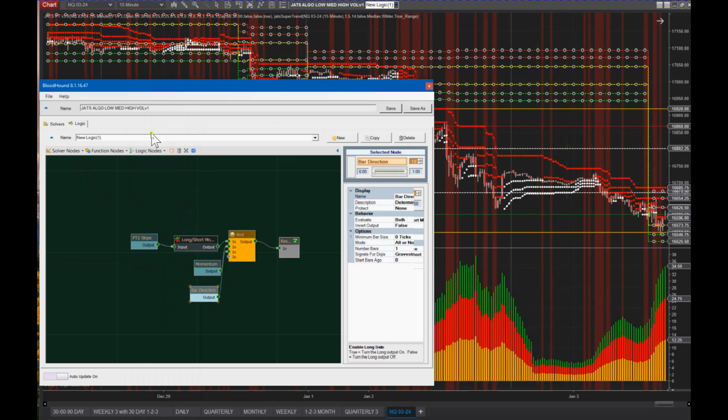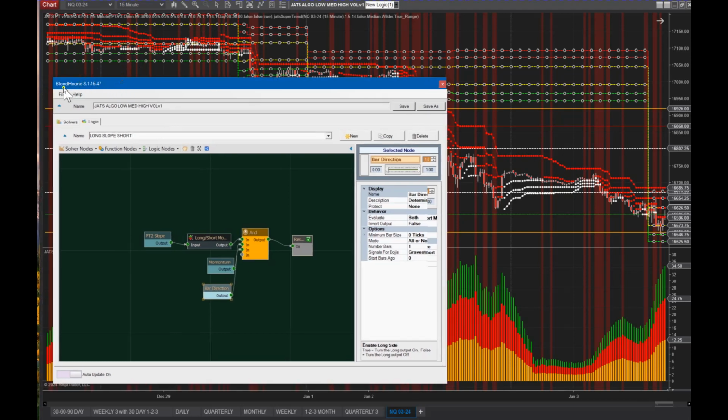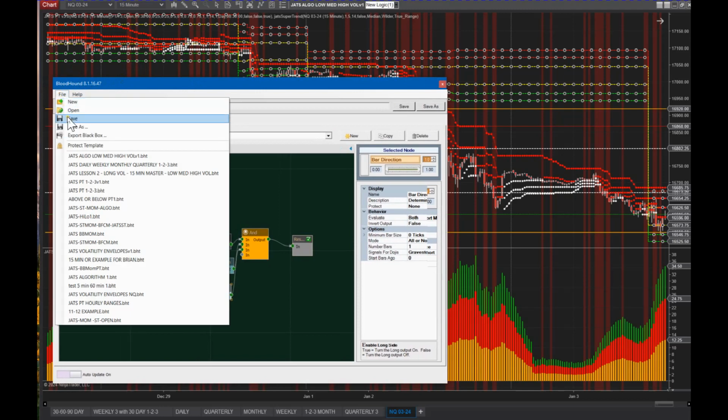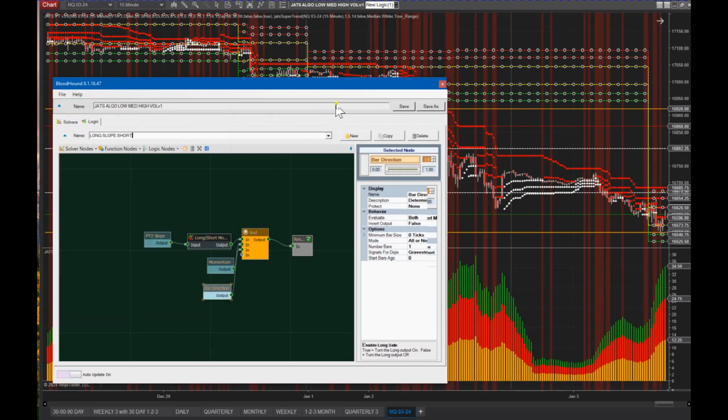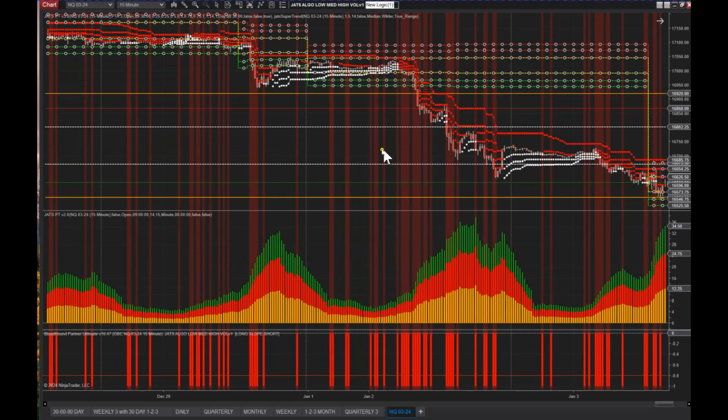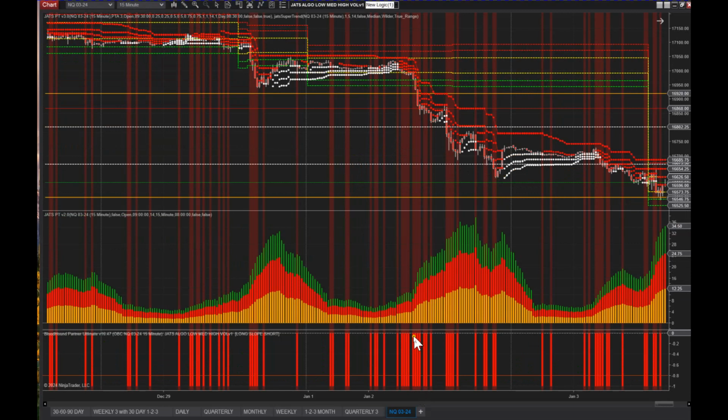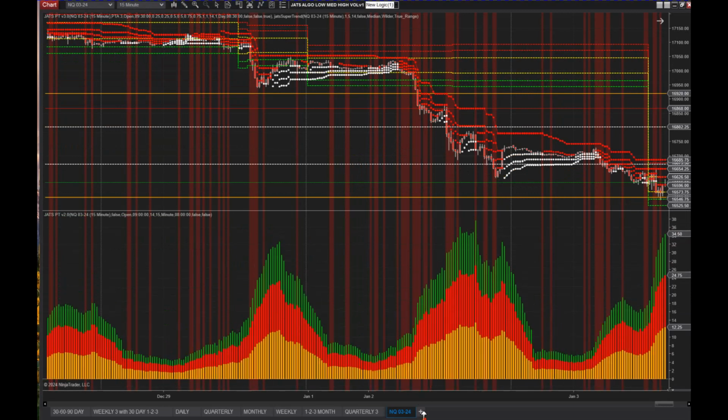So right there is long slope short. That fast, that easy. You've got a plan if you were inclined to go short to set it up so that you're going with the market now.